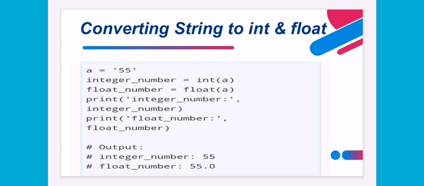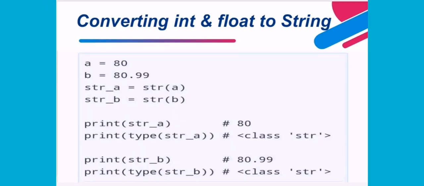Now we are going to convert integer and floating point values to a string. To convert integers and floating point numbers to string, we use the str function. Here in this example, the variable a holds 80, which is an integer, and b holds the value 80.99, which is a floating point value.